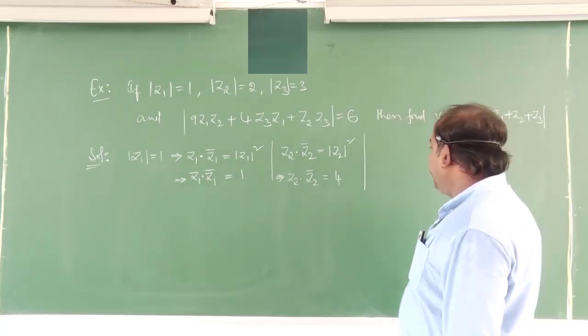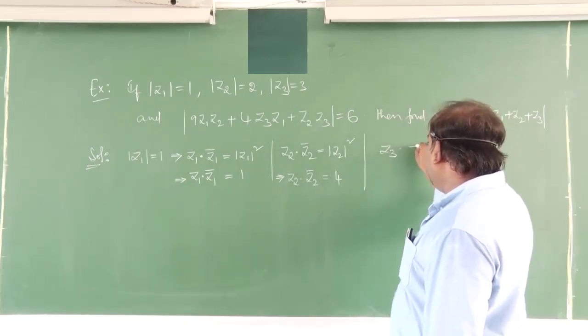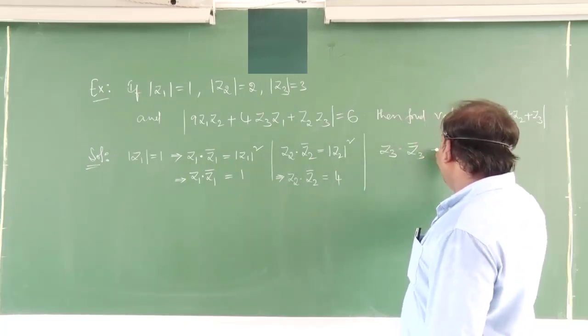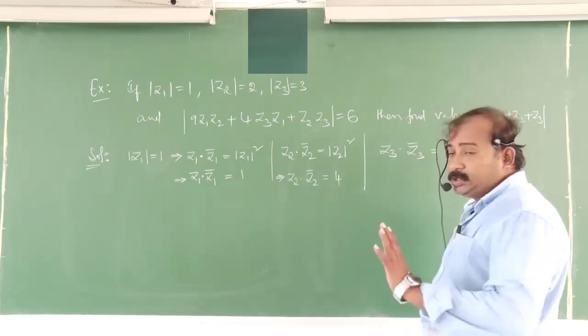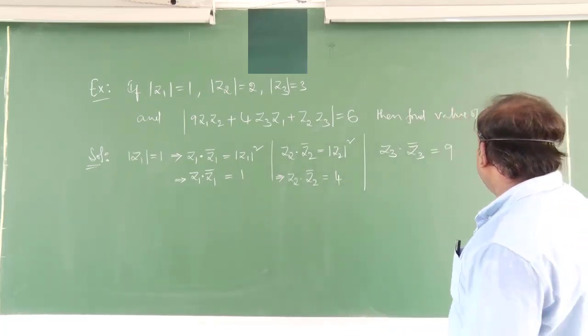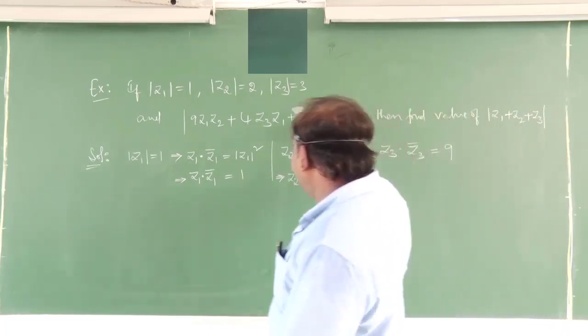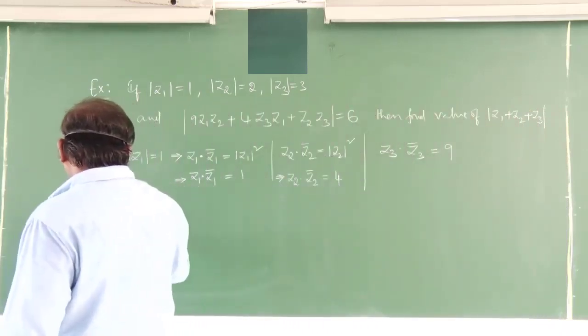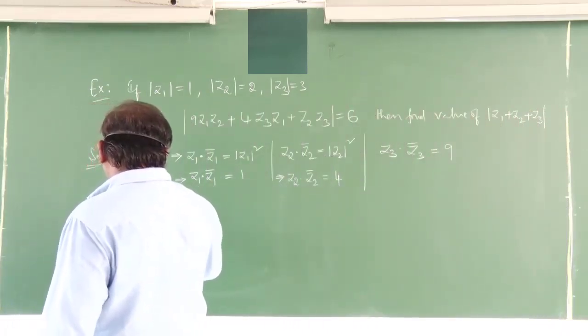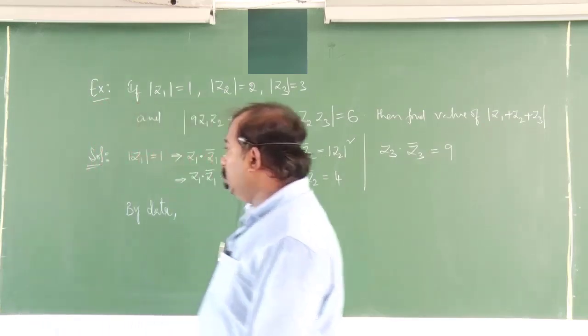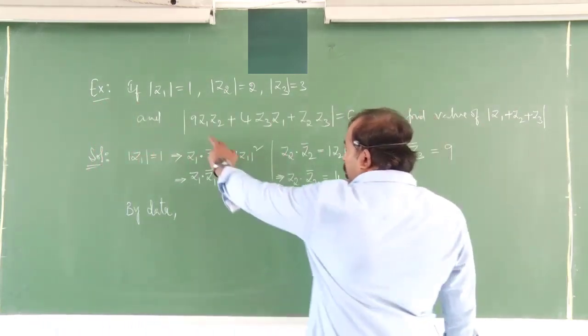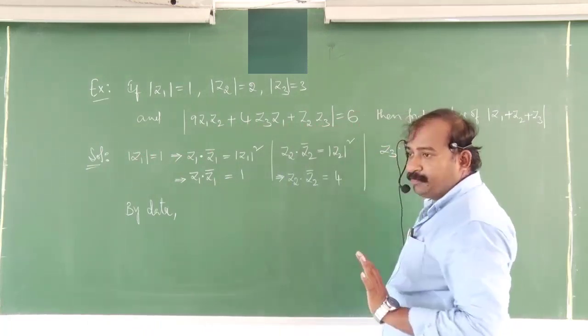Similarly, I can get Z3 into Z3 conjugate is equal to 9. Okay. Now one more point is given in the data. What is the next point they have given?